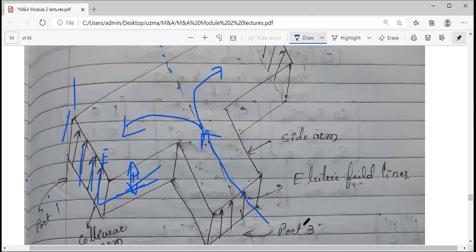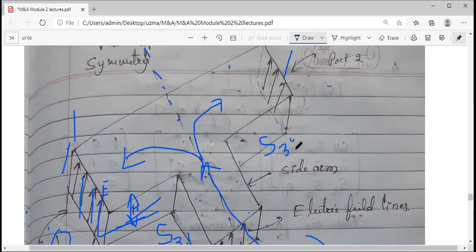So this is your port 3 and this is your port 1. The S parameter S31: 3 is the input port, 1 is the output port. And S32.